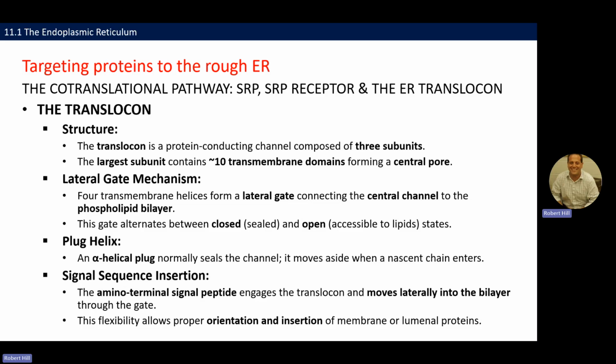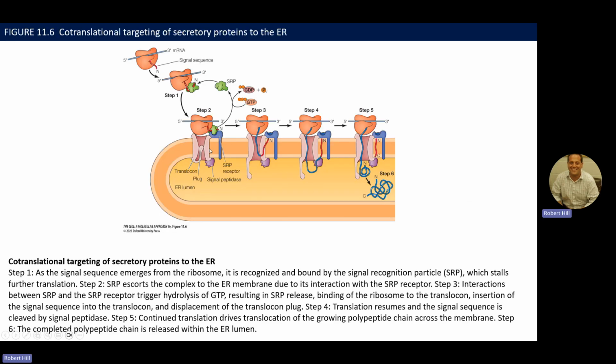The other structure is a lateral gate. So on the side of the translocon, there are alpha helices that can move so that the peptide or that localization signal can transfer into the lipid bilayer. If you go back here, this figure is not showing it, but the rest of them will.